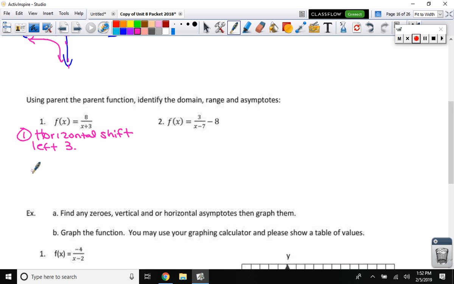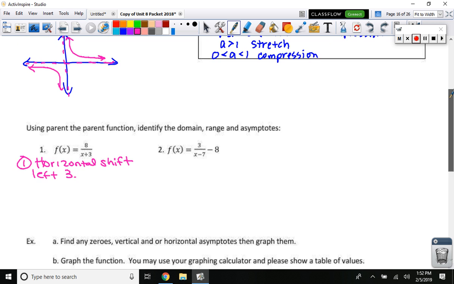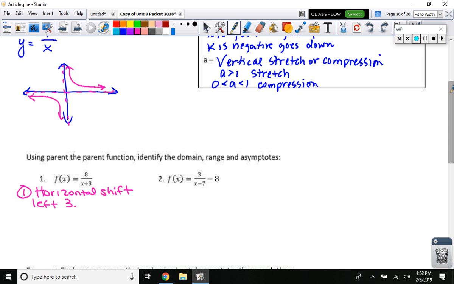So let's think. If I took this entire graph right here, and I shifted it left 3, what's changing? The asymptote, right? Which one? Are they both changing? No. The vertical is changing, right? So your vertical asymptote is shifting left 3 with you. Is the horizontal changing?